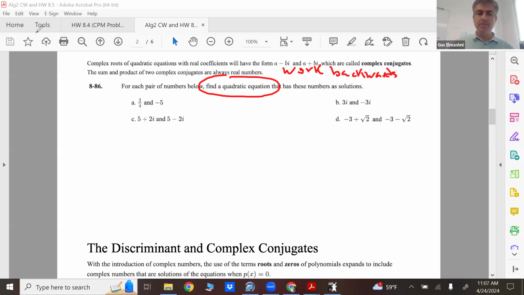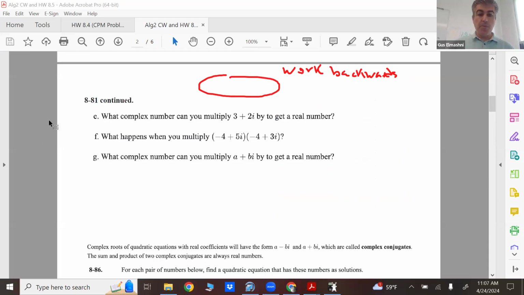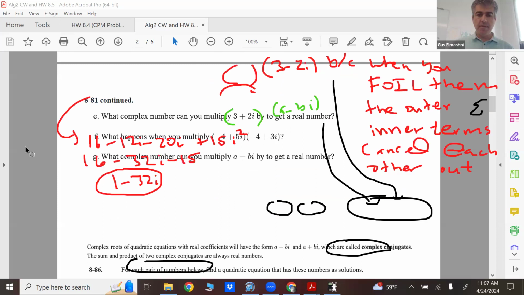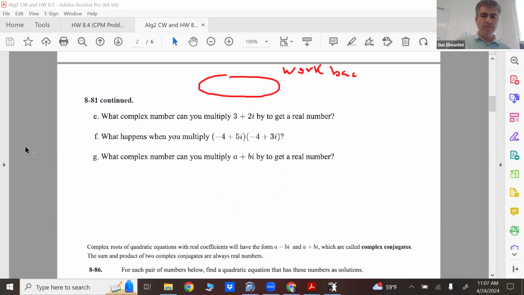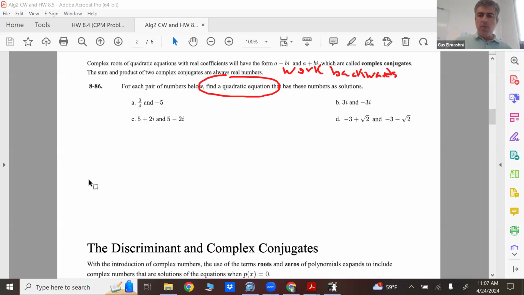Oh, this is for part F? Yeah. It was 1 minus 32i. When you work it out, you get 1 minus 32i. Yep, no problem. Okay, we're going to work backwards here.